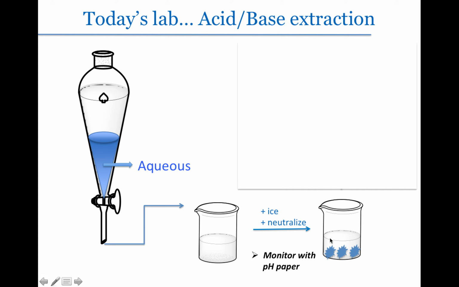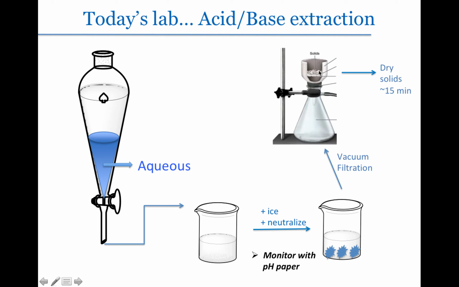Then you will see solids precipitating out, because when it's neutral, the solid product is not soluble in water anymore. Use vacuum filtration to obtain the solid. Dry it for at least 15 minutes to remove all the water. Then your melting point analysis will be much better.